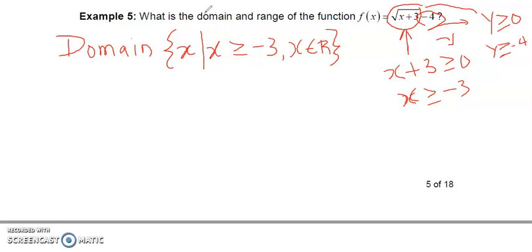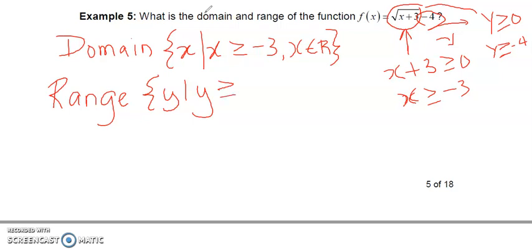That would be your range. If you plugged it into a graphing calculator and looked at it that way, that would also be one way to determine your range. So values of y such that y is greater than or equal to negative 4, y belongs to the real numbers.